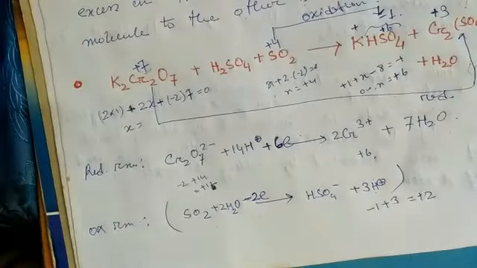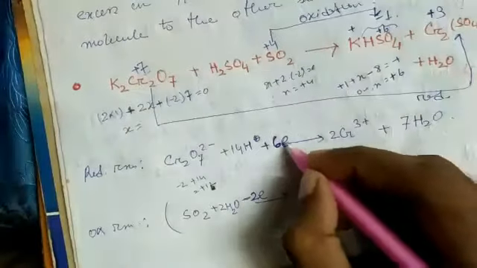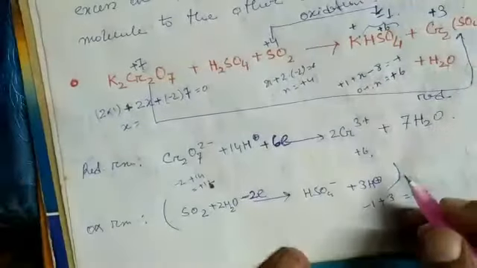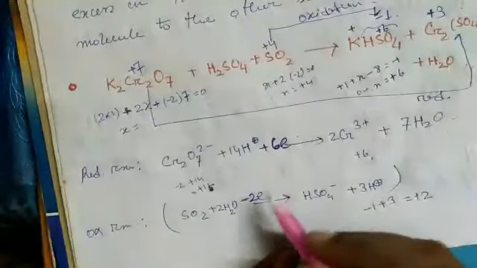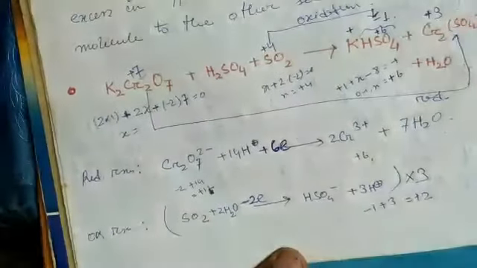If a species loses 2 electrons, then another species will accept those 2 electrons, so the number of electrons has to be equalized, and to do that we have to multiply by 3 here.